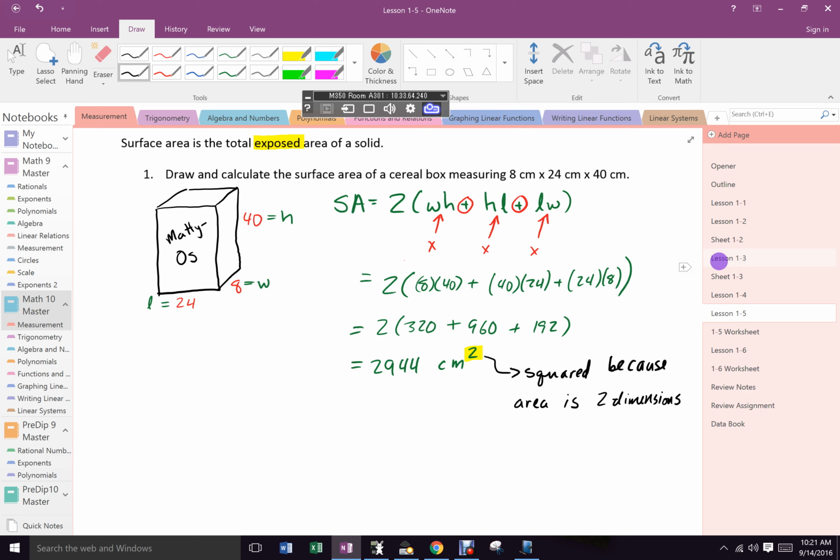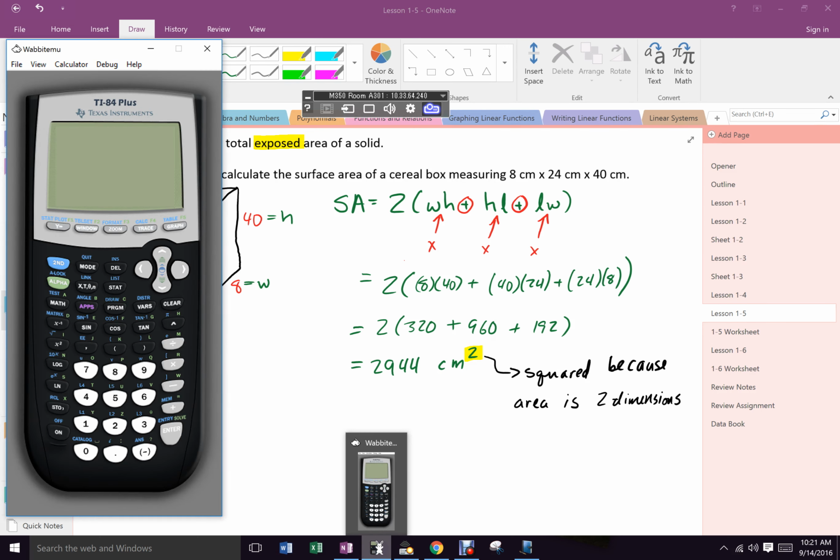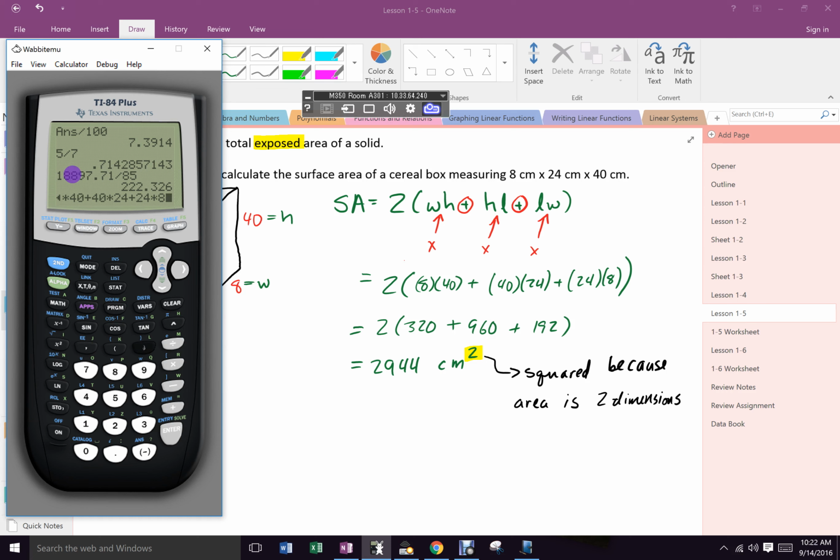So what does this prove? Everybody got a bunch of different numbers, right? It proves calculator use might be an issue, right? Kiara, what'd you get? You got the 2944? Here's the way I would punch this in one step. 2, bracket, 8 times 40 plus 40 times 24 plus 24 times 8, close bracket, equals 2944.